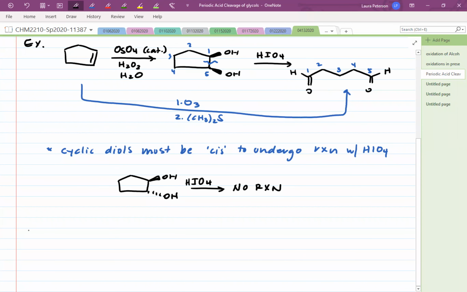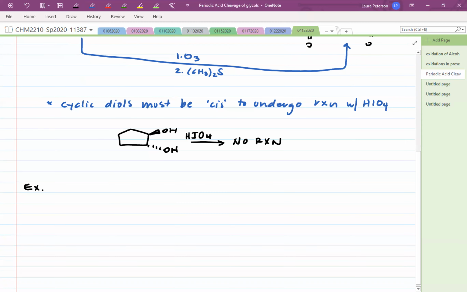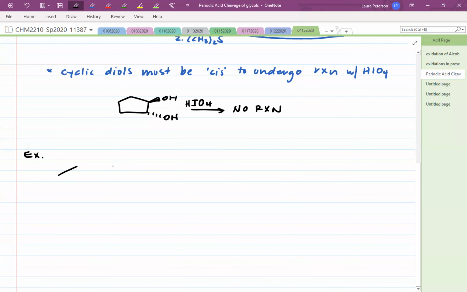So to look at one example of a non-cyclic system. Okay, so we could just rotate around this bond to make them syn. I'm actually not going to do that because we're not generating an alkene to consider E or Z geometry. I just wanted to point out through example why we don't care about that necessarily with our linear alkanes.